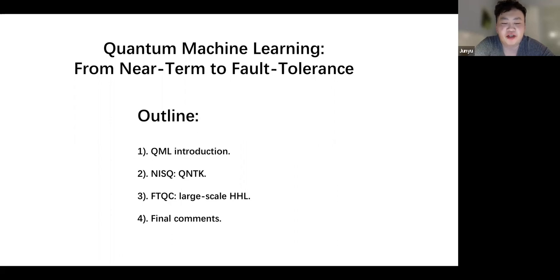I will also point out another ongoing work about some application of the large-scale HHL algorithm in fault-tolerant quantum computing for machine learning. I will show that those algorithms provide some benefits for running quantum machine learning algorithms on quantum devices. And finally, I will give some comments about those algorithms.